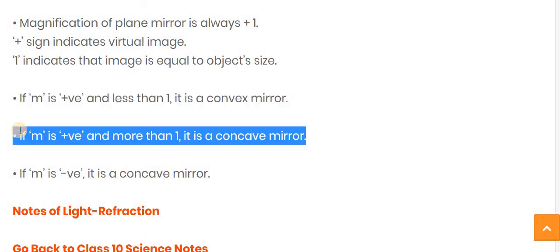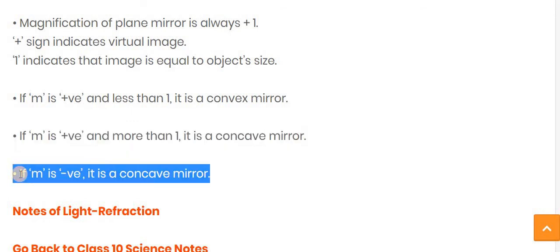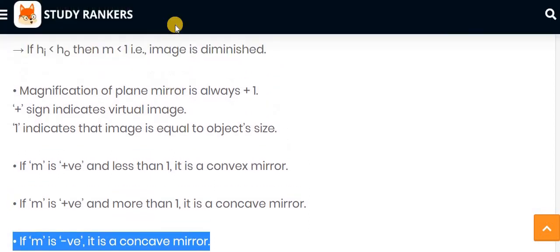If m is positive but more than 1, like +2, then it is a concave mirror. If m is negative, then it is a concave mirror. So you have to keep all these points in mind.